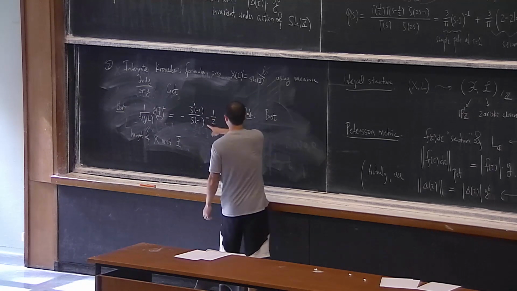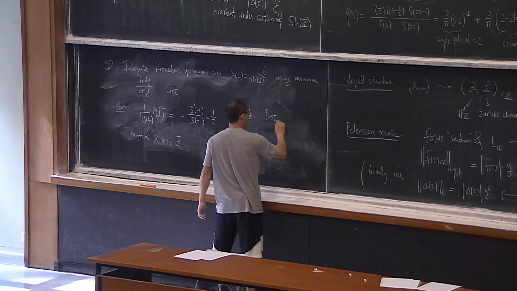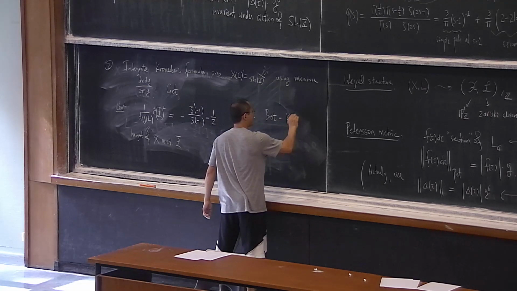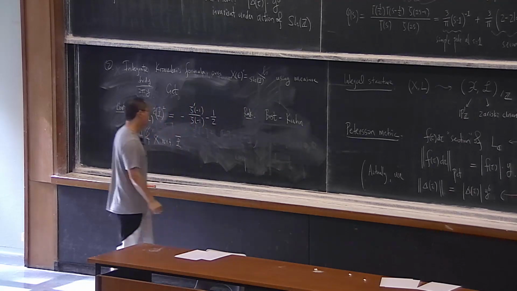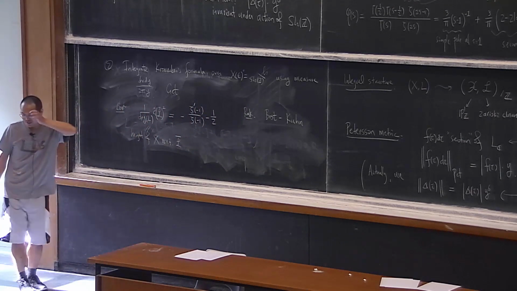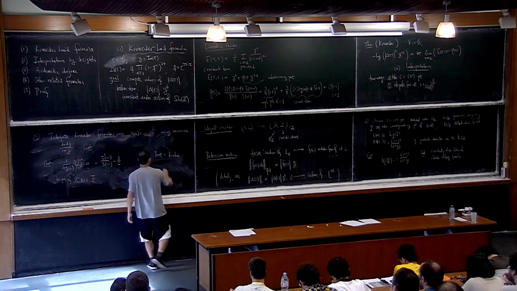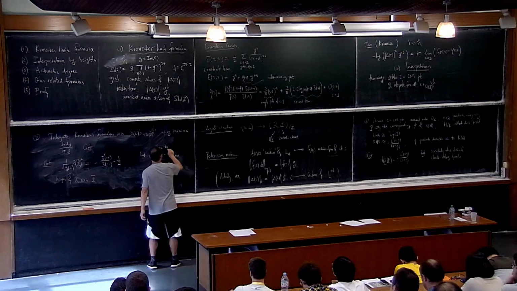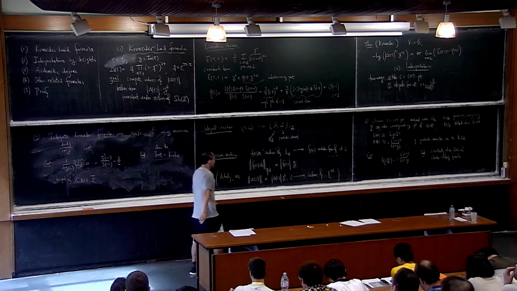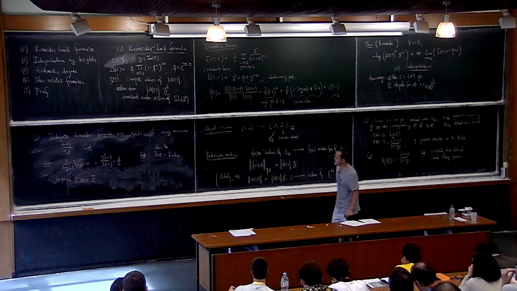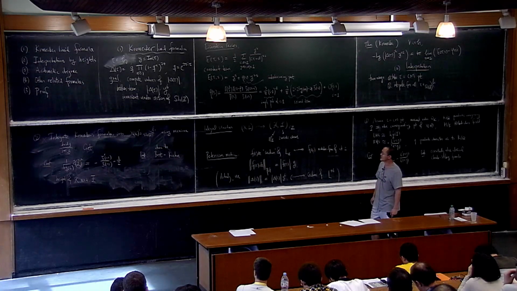And then this formula is derived by Kühn from the Kronecker limit formula. So that finishes the interpretations of the formula in terms of heights.